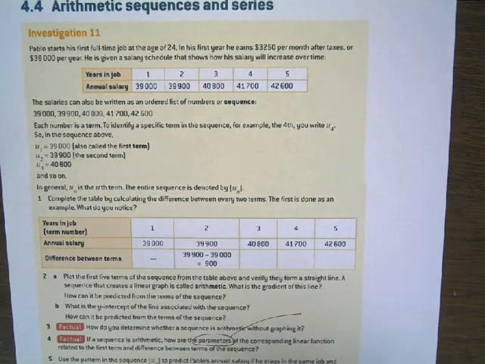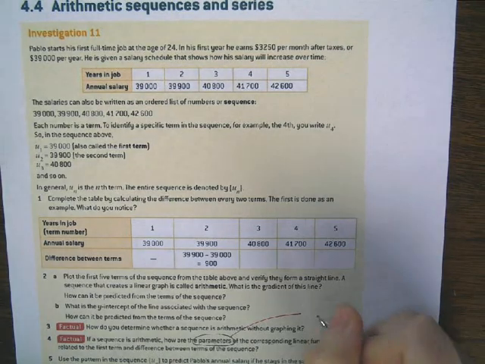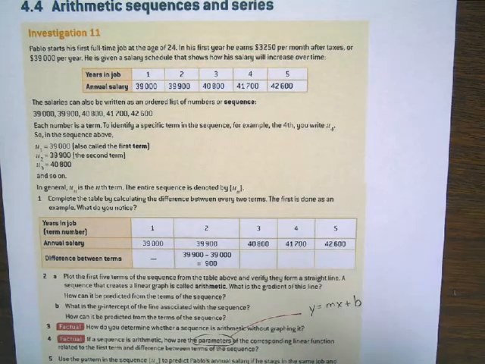So I wanted to point out something down here on question number 4. If a sequence is arithmetic, how are the parameters of the corresponding linear function related to the first term and difference between terms of the sequence? Okay, when it says parameters, what are they talking about? So a linear function is y equals mx plus b.